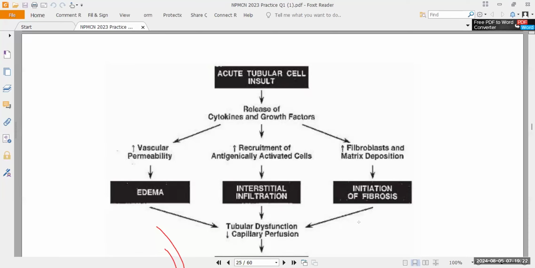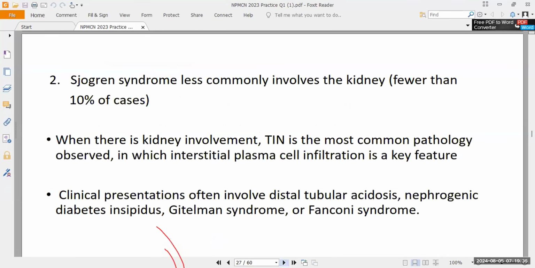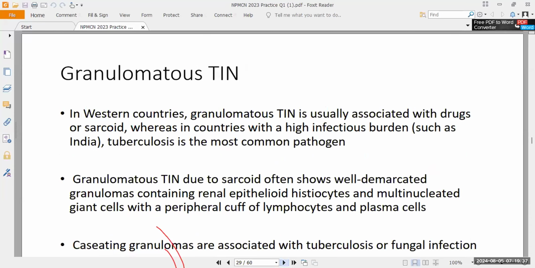All of this will lead to tubular dysfunction, capillary dysfunction, and interstitial damage. The other causes of tubulointerstitial nephritis, we'll go through them in the slides.